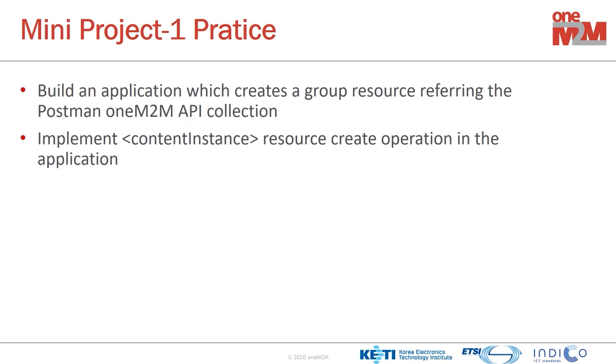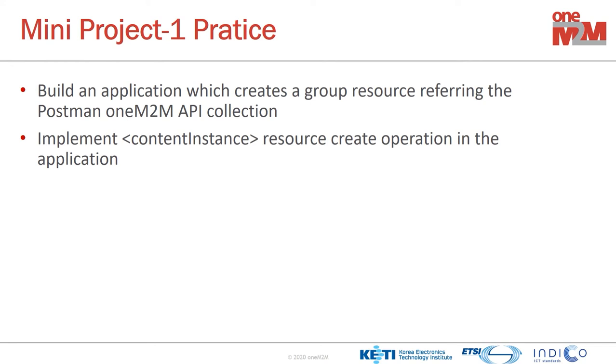And with the practice that we had just before, you can do similar things in your application source code. And that's number one. The other thing is creating the content instance over the group.